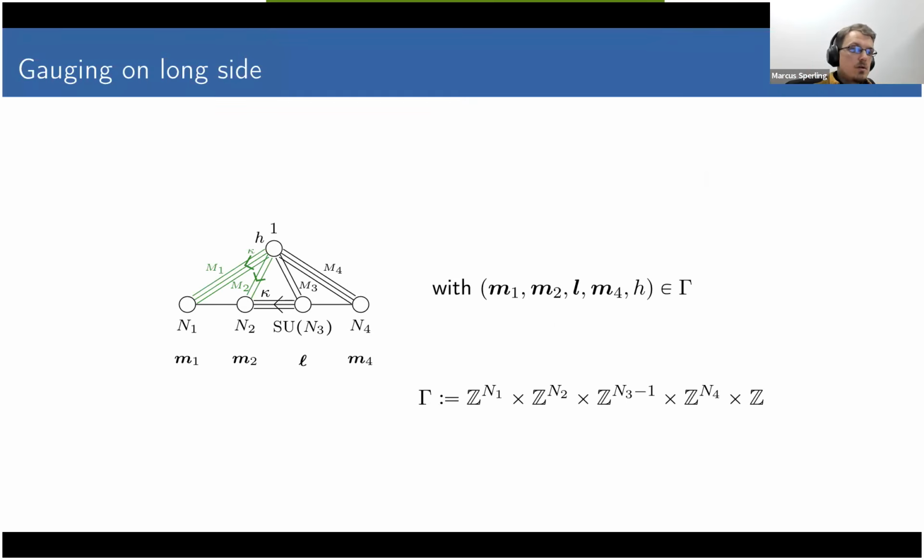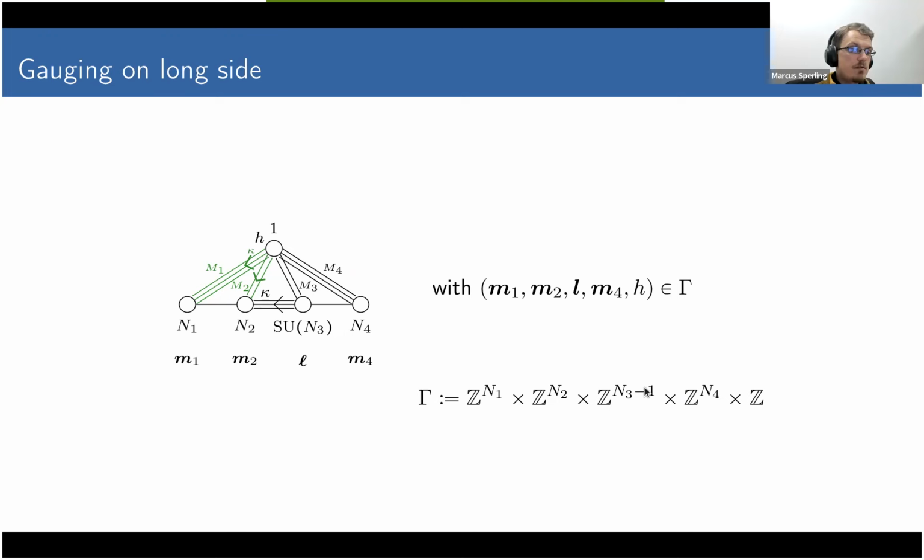So if you do it on the long node, it's rather mild. If you have the U(M_3) and you turn it into SU(M_3), and then you gauge the corresponding Z_{M_3}, then all the flavors collide together into one gauge node. You're going to have these multiplicities of hypermultiplets associated from here, and you need to increase the U(1) charge of the flavors on the short side.